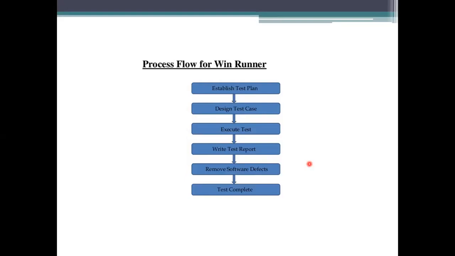In this first step we check the test script which has been designed for this process or for this module. This results in defects. We have to list those. After listing the defects, we need to remove them and update this process. Later we need to specify the test completion.